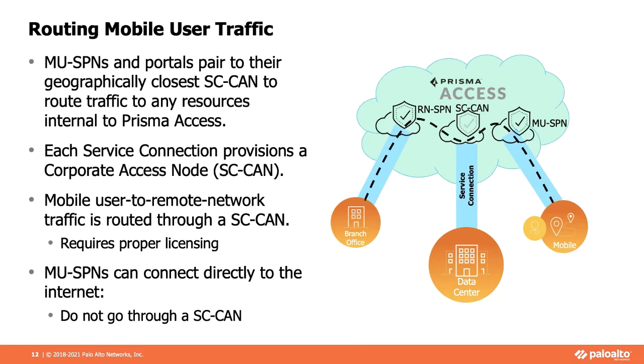But these mobile user SPNs are designed to send traffic directly out to the internet. So we need some way to redirect our user to a different direction. And we use a service connection corporate access node to act as a router to forward mobile user traffic to these different remote networks.